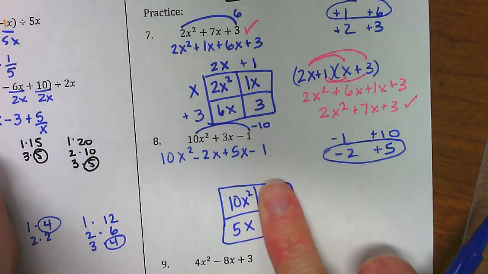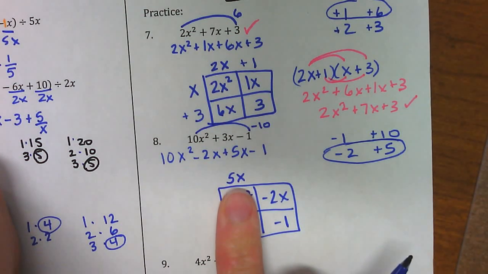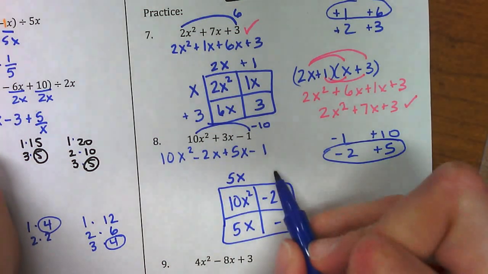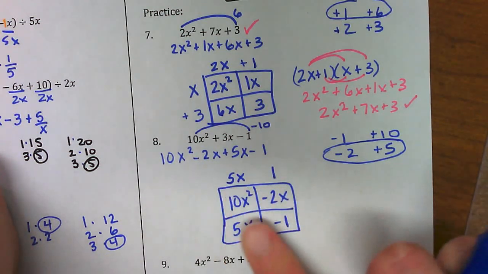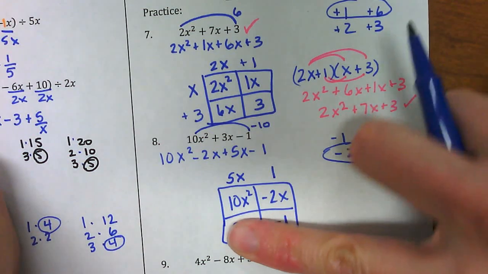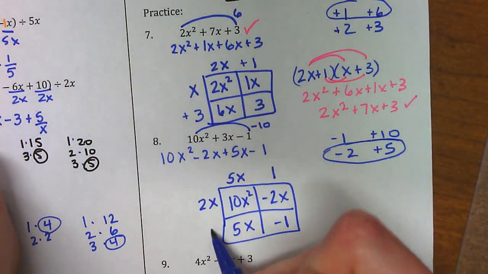GCF of my first column is 5x. GCF of my second column is just a 1. If I'm not 100% sure if it's a positive 1 or a negative 1, I can wait to the end to figure that out. But I know it's a 1. Okay. This row is a 2x, and this row is just a 1.